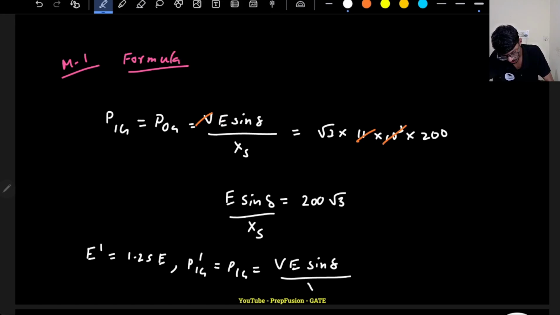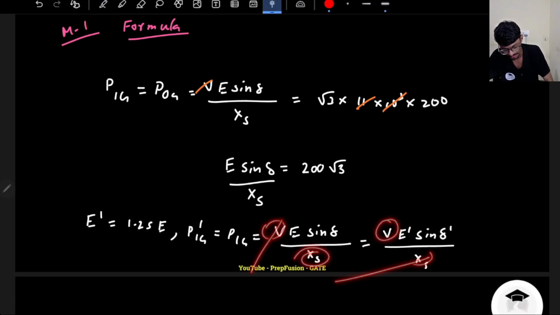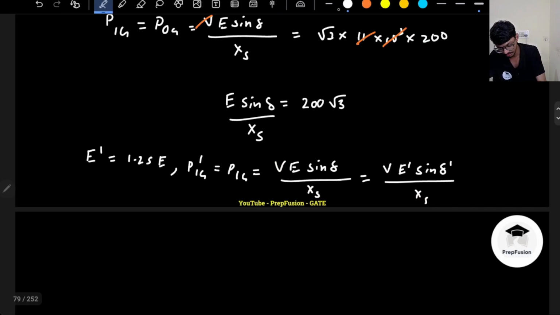But the actual formula of power is V into E dash into sin delta dash divided by XS. So the active power should not change. When active power does not change, the terminal voltage is the same, XS is the same, so they will get cancelled. Ultimately, if active power does not change, then E dash sin delta and E sin delta dash will be the same. This is a very, very important conclusion.